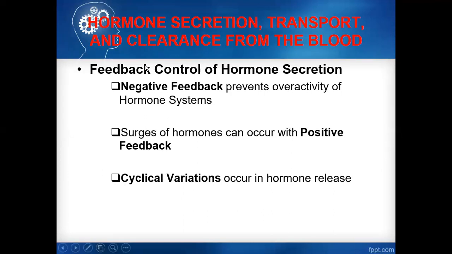And hormone release actually occurs in cyclical variations, meaning depending on the time of the day, the season, the age of the patient, the hormone release is affected. So for example, cortisol. Cortisol is a glucocorticoid, a hormone produced by the adrenal gland.